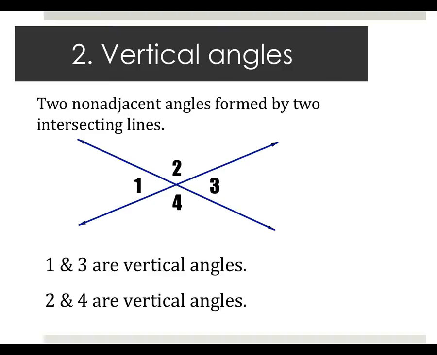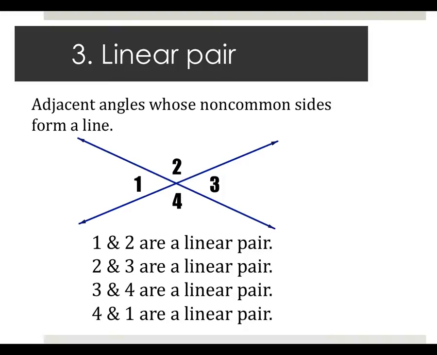And you see in this picture I've got 2 pairs. 1 and 3 are vertical angles. 2 and 4 are vertical angles. Okay, we good? All right.